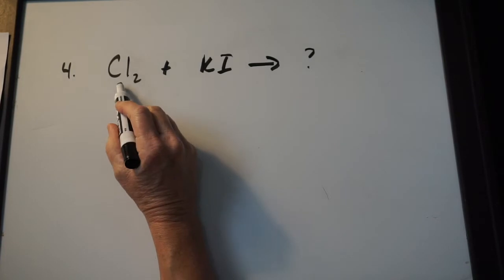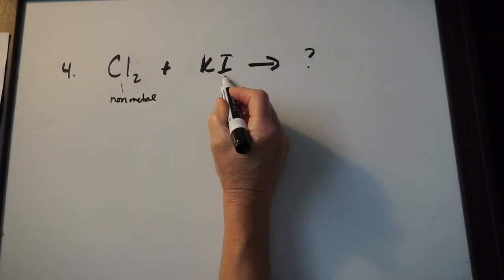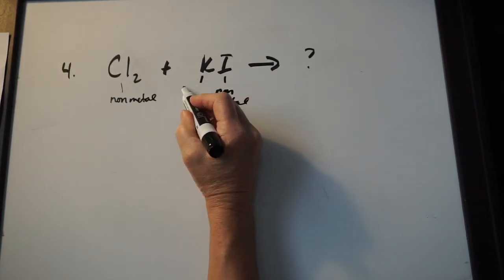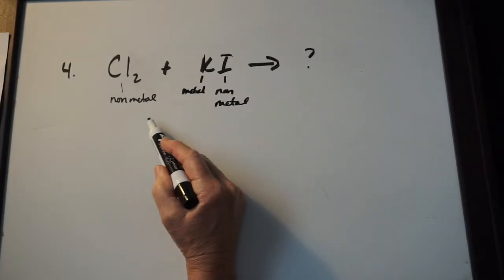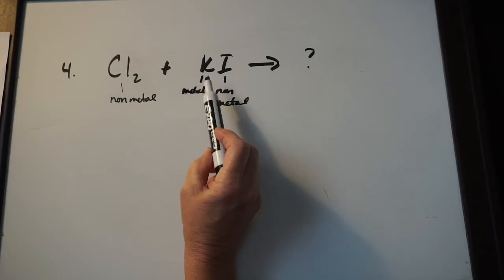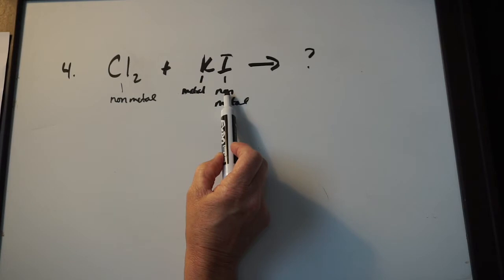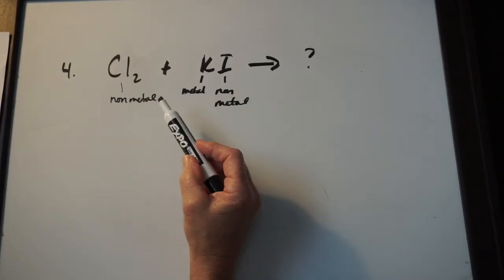I'm dealing with a non-metal, and I'm dealing with a metal. You can see the metal is the odd one out here. So it is going to have to be the reaction between the metal and the non-metal, but which non-metal it is, we're not sure yet.